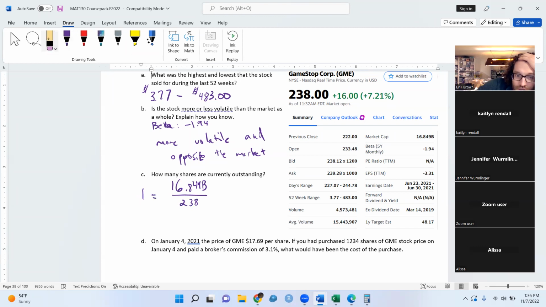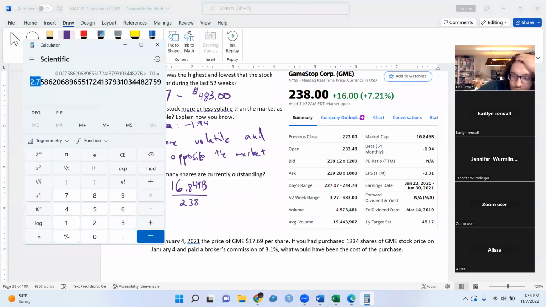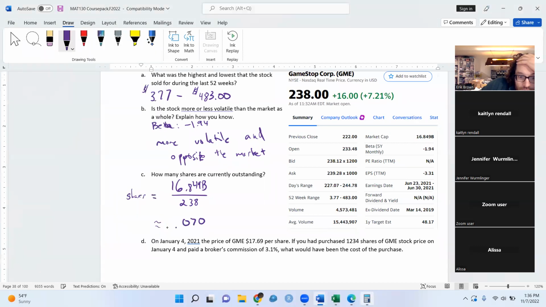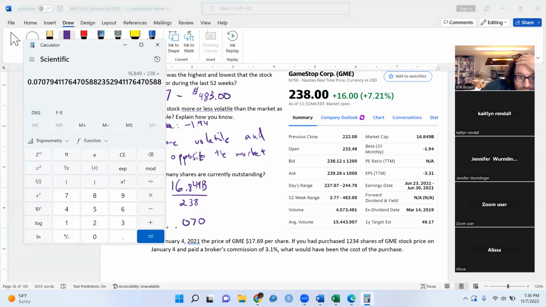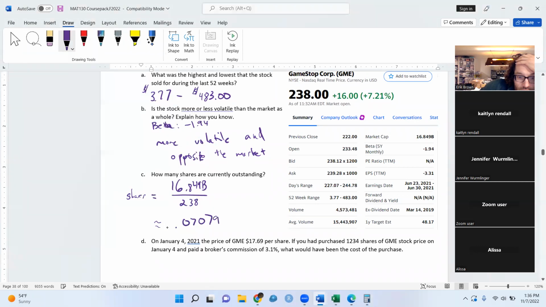So I should label that shares. And that's approximately equal to 16.849 divided by 238, which is 0.0709 billion shares. Does that make sense, y'all?